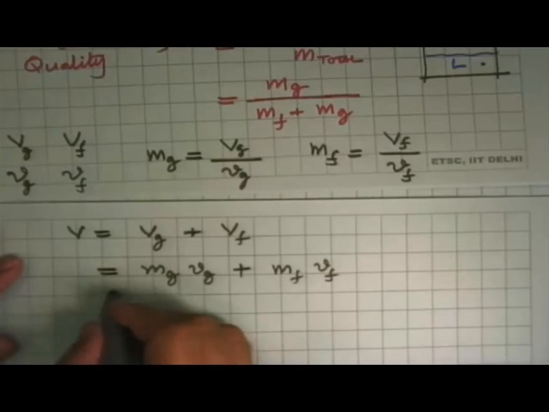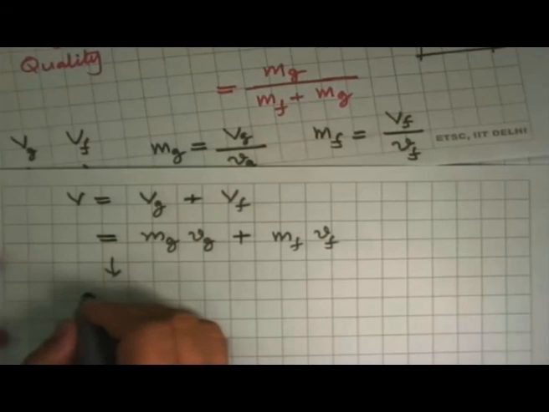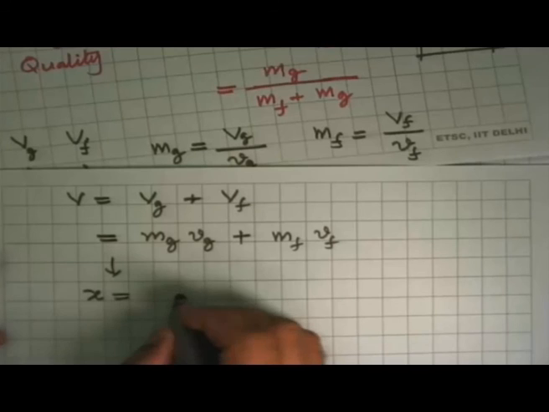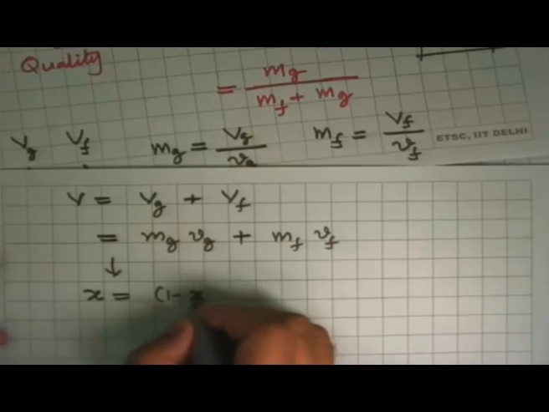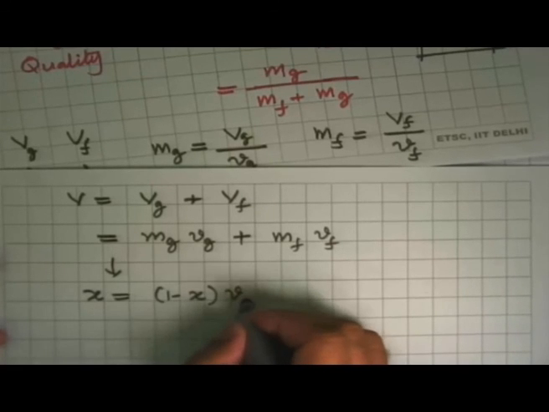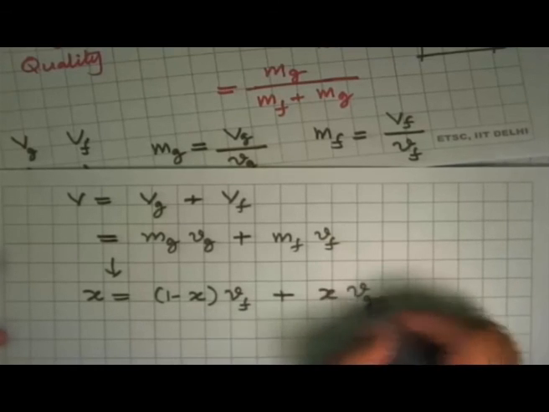By the definition of x, which is mg upon mf plus mg, we can put this in, do a little bit of simplification, and what we get is that v is equal to (1 minus x) times vf plus x times vg.